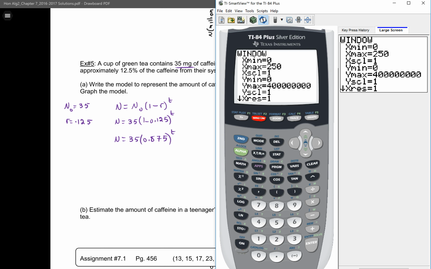So, how many hours? Like 10 hours. And what about the Y min and the Y max? Eventually it's going to go down to 0. And how much caffeine did we start with? We started with 35. So Y min is 0. And for the Y max, let's just splurge and go to 50.